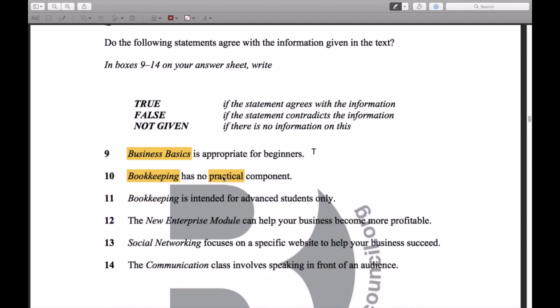Has no practical component? Oh, that's completely wrong. It does provide hands-on experience. So remember, false is when the opposite is being talked about. This says no practical and that says up there it does provide hands-on experience. So this is false.